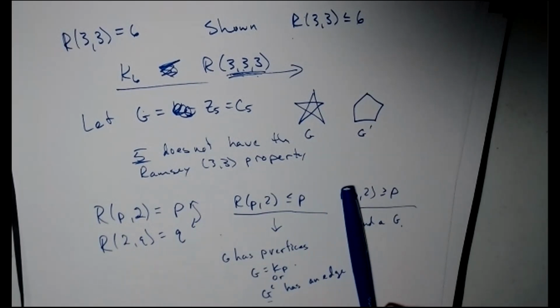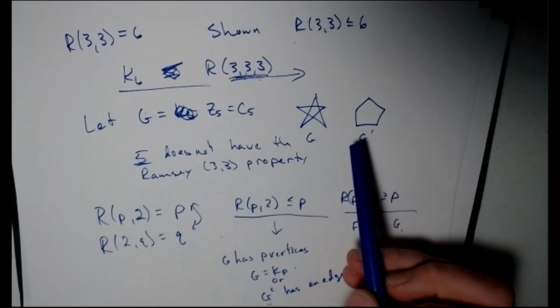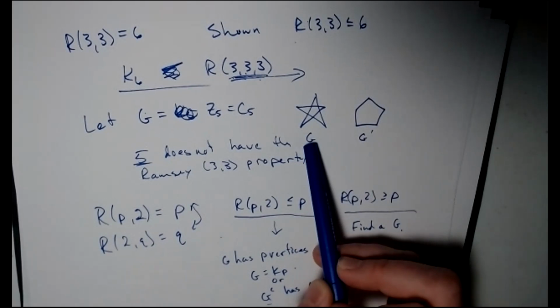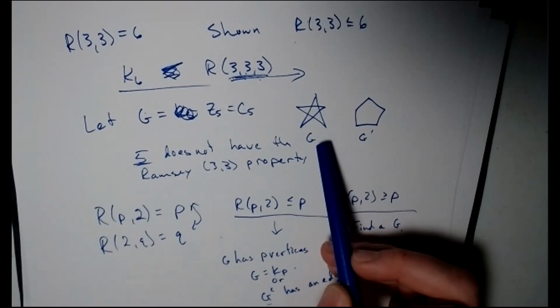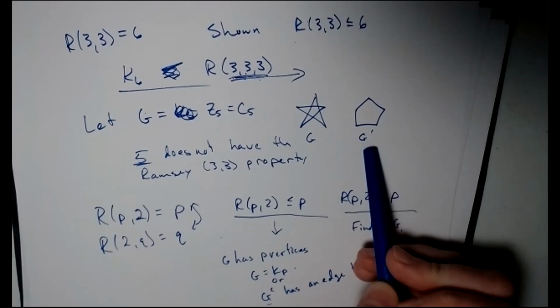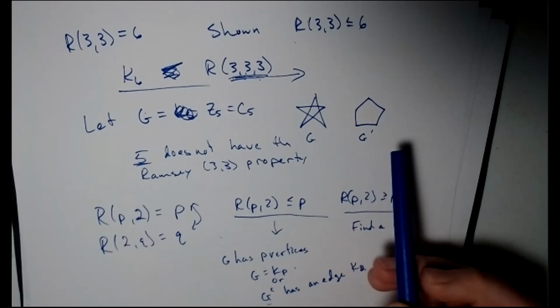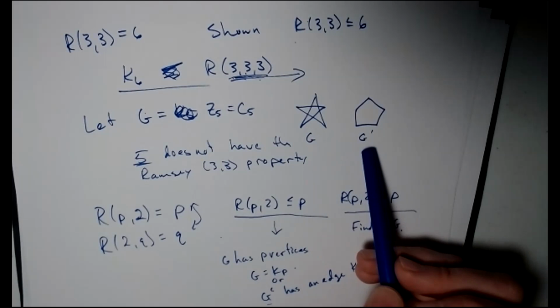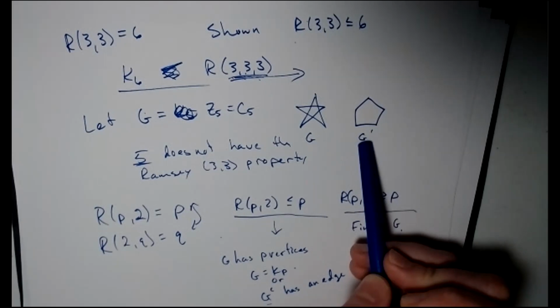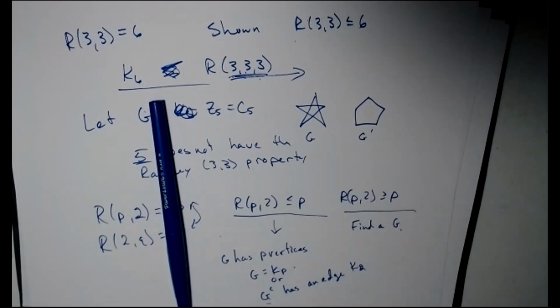All Ramsey numbers are symmetric because if you are doing the 3, 4 property, either your graph contains a blue triangle, or your complement contains a red K4. Then if we were looking for the 4, 3 number, well, then this would be our graph and that would be our complement. And so we have symmetry.